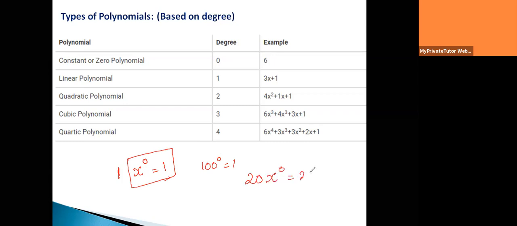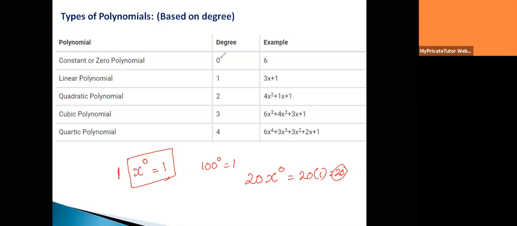It is 20 times 1, which is 20. So 20 is a constant, which means it is a zero polynomial. You know why? Because it is multiplied with the variable with the power of 0. So the degree is 0 in it.